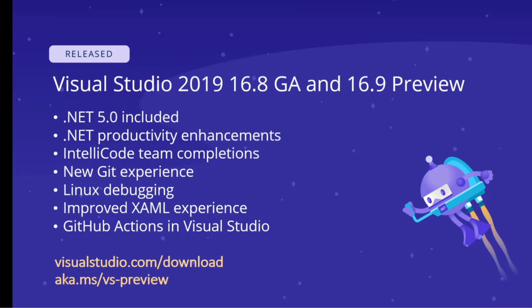There's an improved Git experience. It's brand new. It's a lot easier to use in Visual Studio, and it's really more Git flavored than it is Visual Studio VSTS rebranded for Git. Debugging into Linux, a much improved XAML experience with hot reloading and a bunch of other tools in there for you.